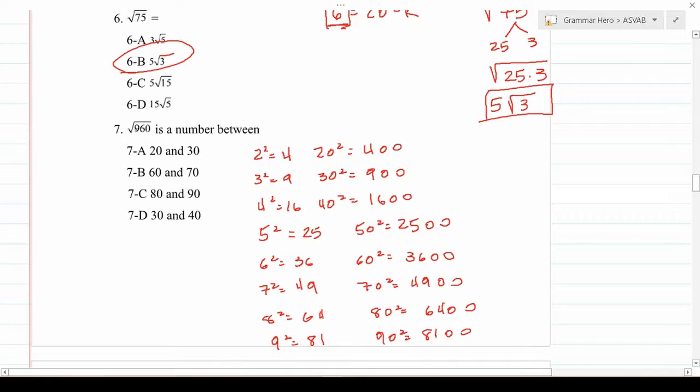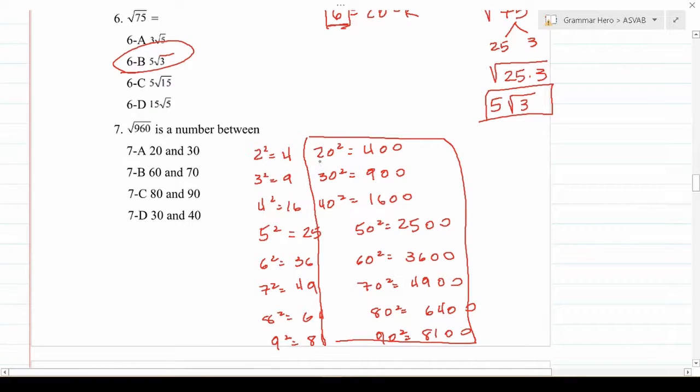The square root of 960 is basically asking you what times itself is going to get you 960. So we're going to be looking at these numbers on the right. We can see 20 squared is 400, which is not big enough, and 30 squared is 900, which is not big enough.